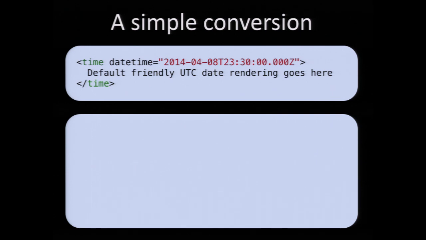The Z at the end of the string stands for Zulu, which is just another word for UTC. Of course it is. Zulu actually comes from a nautical term where they had defined letters of the alphabet for each zone that they went through, and Z was their reference.